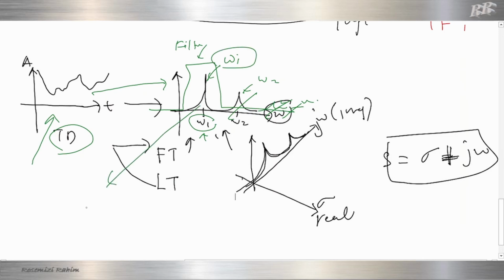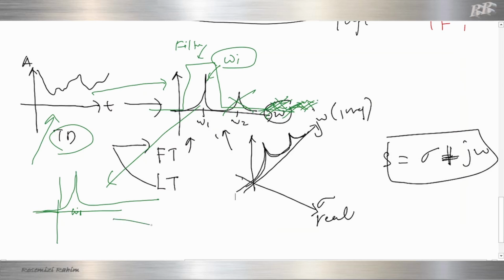When we use the filter, our output will become W1 only. All of W2, W3, and W4 will be eliminated. This is the application of a filter.